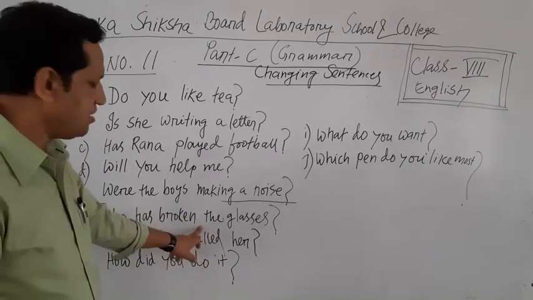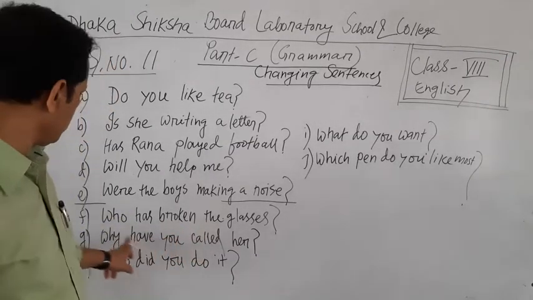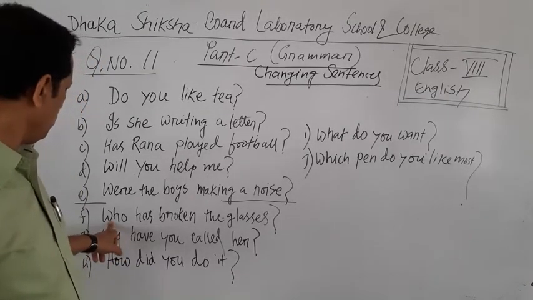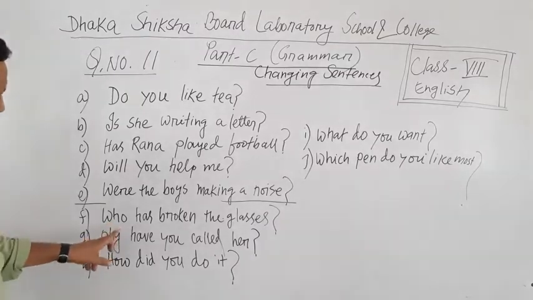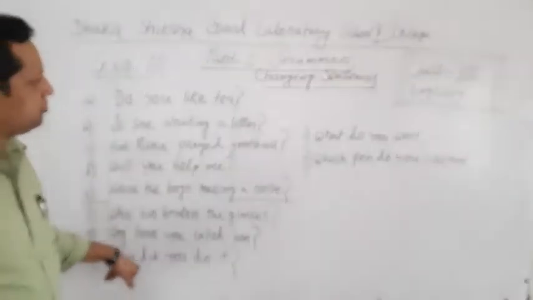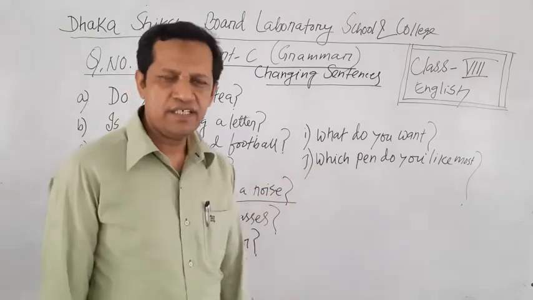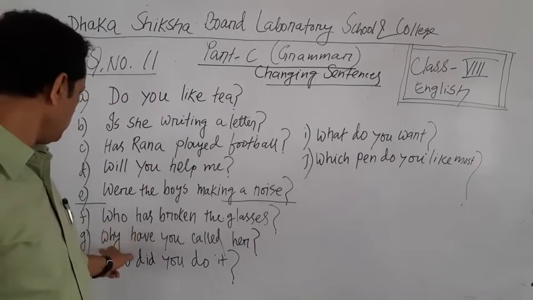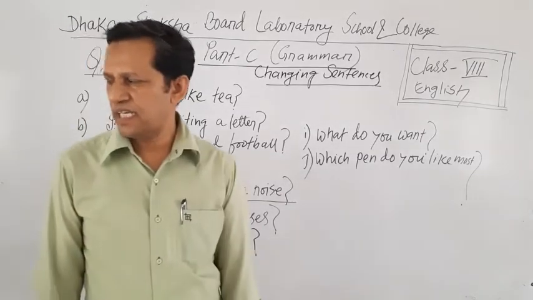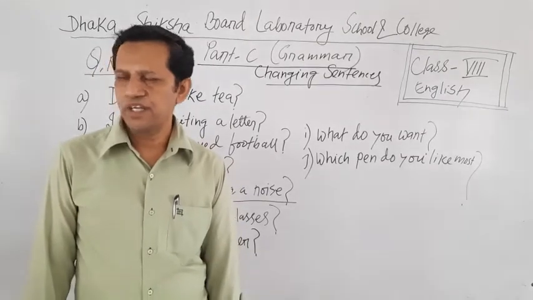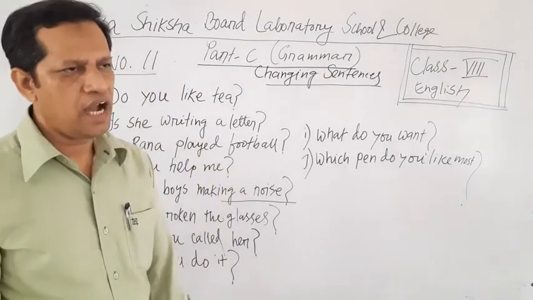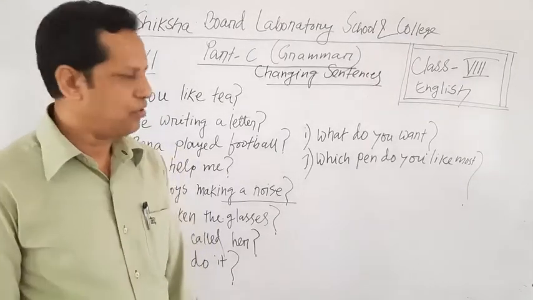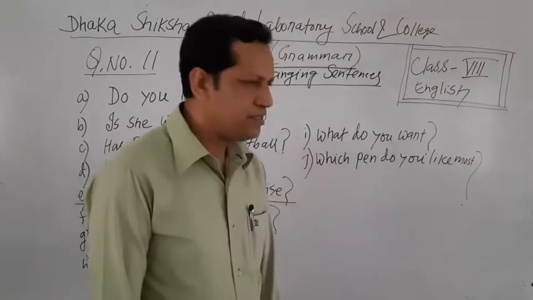This is also an interrogative sentence, but it begins with who. There are also sentences beginning with who, why, how, what, and which. These are WH words. So there are two types of interrogative sentences: one is answered with yes or no, and another is with WH words.